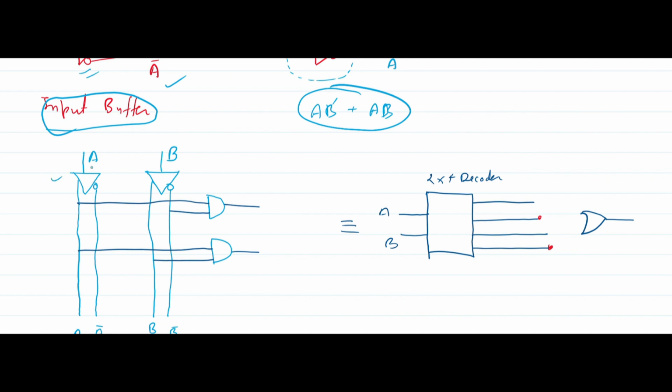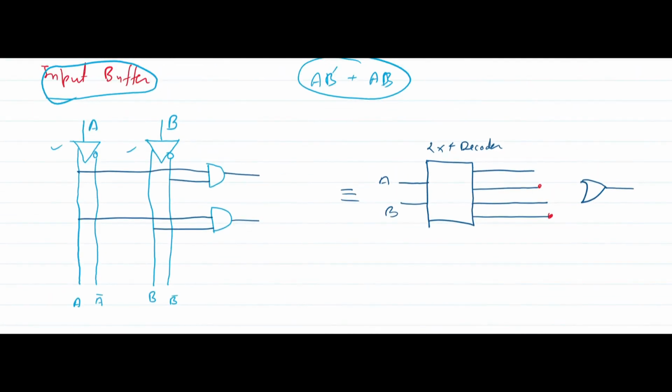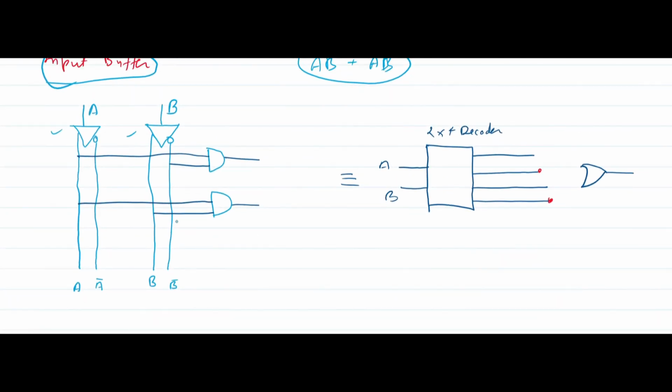Now here I am using two input buffers, one for A, one for B. So from here I will have output as A and A bar, and from here I am having output as B bar. Now here I am using two AND gates, first AND gate, second AND gate.